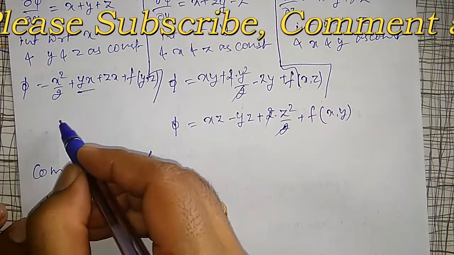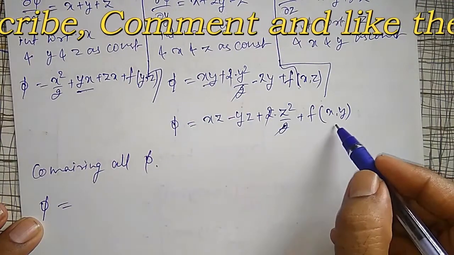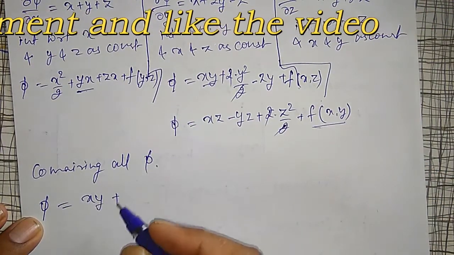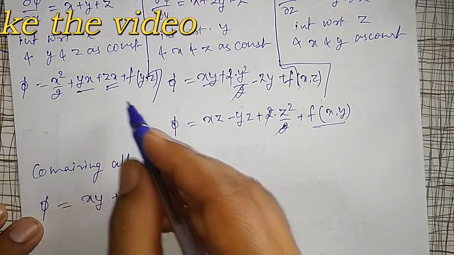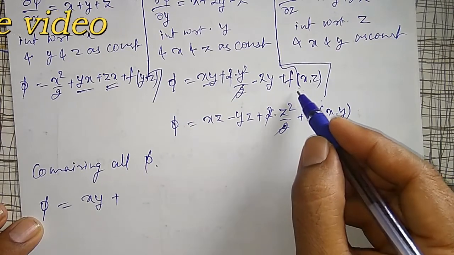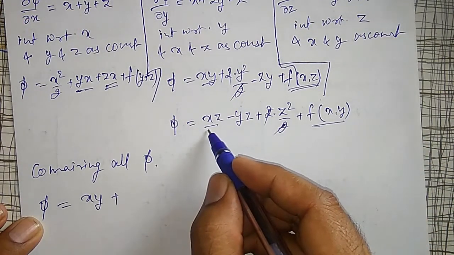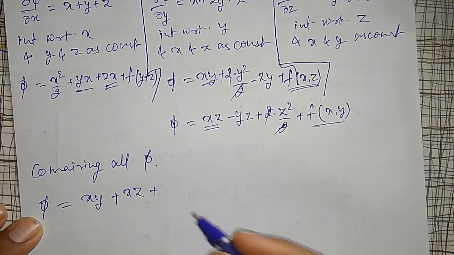Xy is present here, and it is also present in the function, therefore xy plus zx. Zx is present here and also in the function, plus xz.